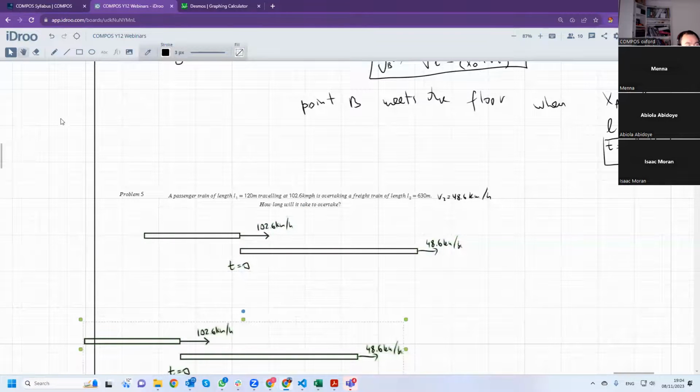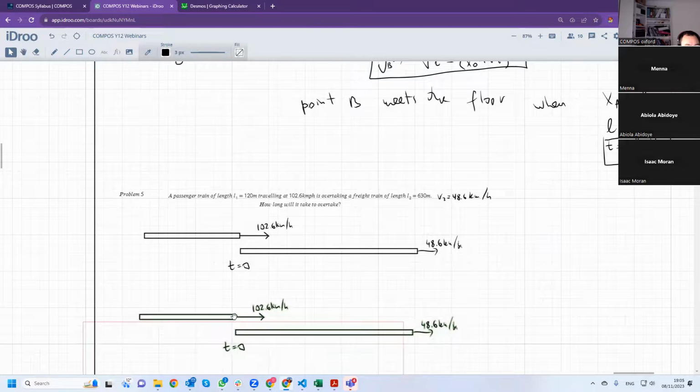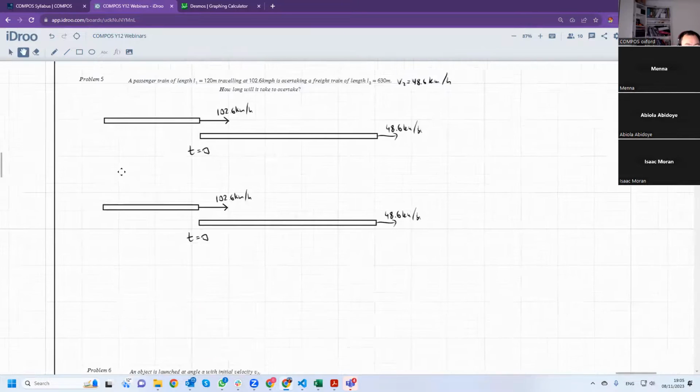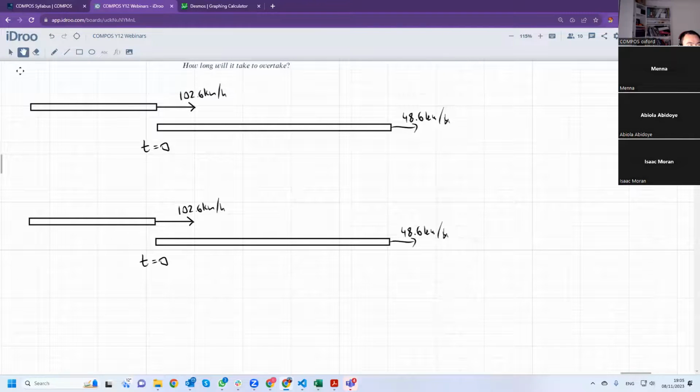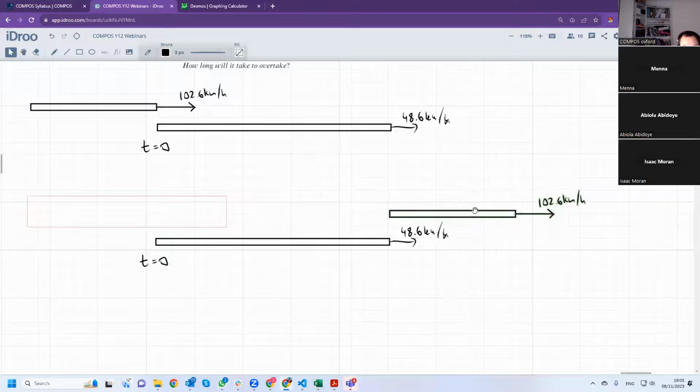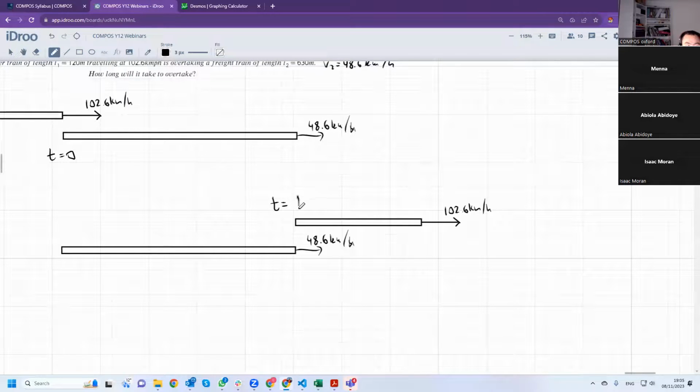Now, I'll show you something that I don't really like when people do, but it makes life so much easier. At this position the passenger train completely overtakes, and this is the bit I don't like that physicists typically do. They say t equals t.